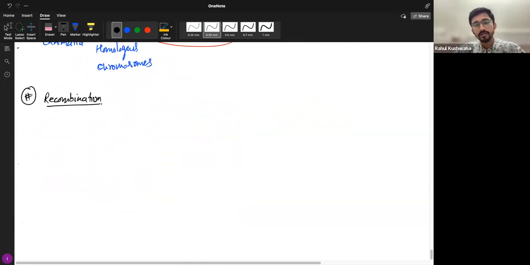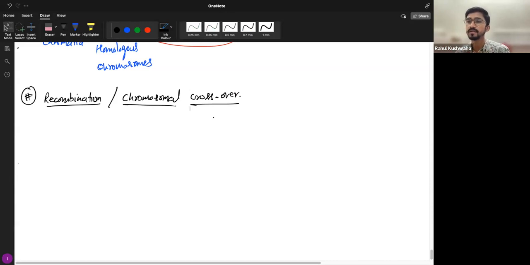We know that for recombination to happen, there has to be chromosomal crossover. Now, what do we mean by crossover? Chromosomes can share genetic material with each other, just like we as friends share our tiffin boxes and our things with each other. Chromosomes also can do that. And how do they do that?